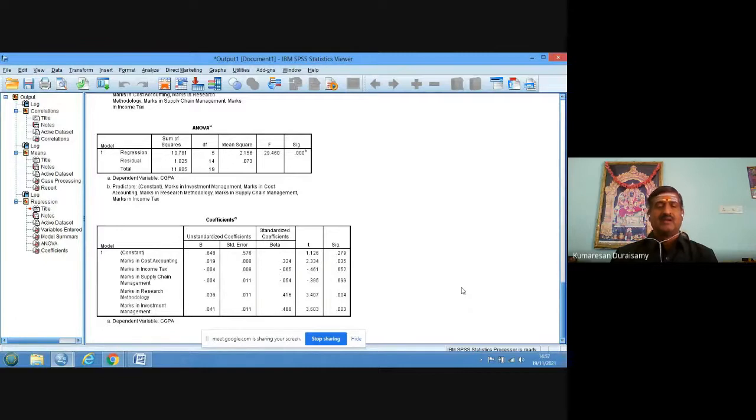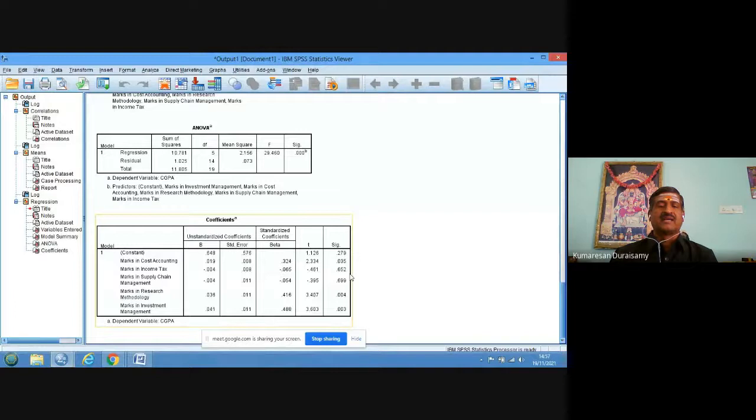Now, look at the p-value. These are the p-values. You take the p-values of the independent variables, not of the constant. First one, cost accounting. It is 0.035, significant at 5%.